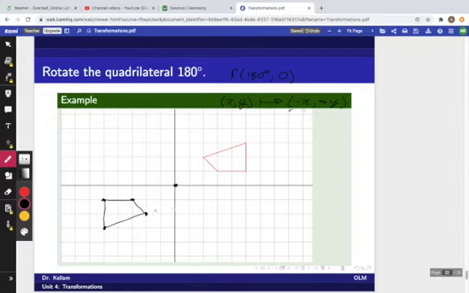Okay. There is one more rotation that we're going to look at here today, and that is a rotation of 270 degrees. This is denoted as a rotation of 270 degrees about the origin, because we are going to rotate about the origin. Which means this is basically being moved here.